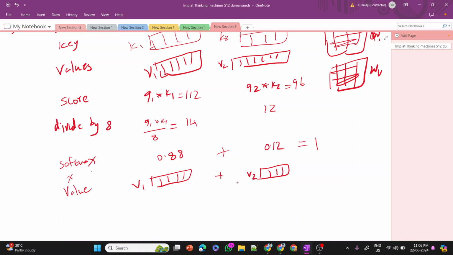Then both v1 and v2 are summed together to form z1. This is v1 plus v2, and there will be z2 as well.